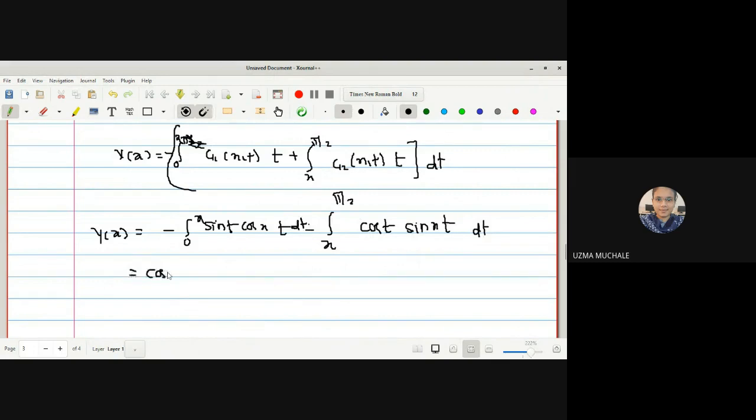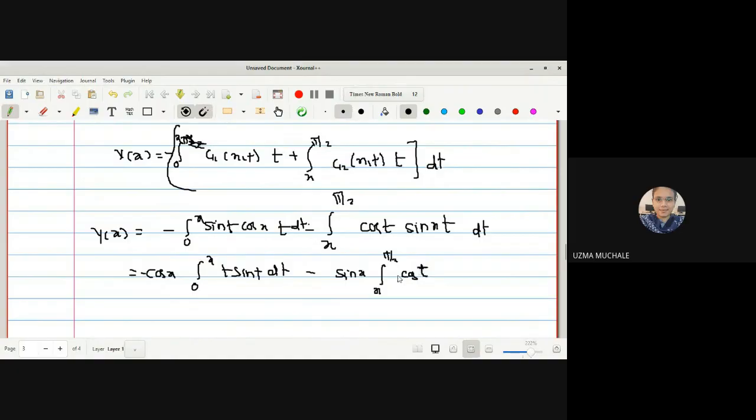If I take minus cos x common, 0 to x t sin t dt minus sin x, integration within the limit x to pi by 2 t cos t.